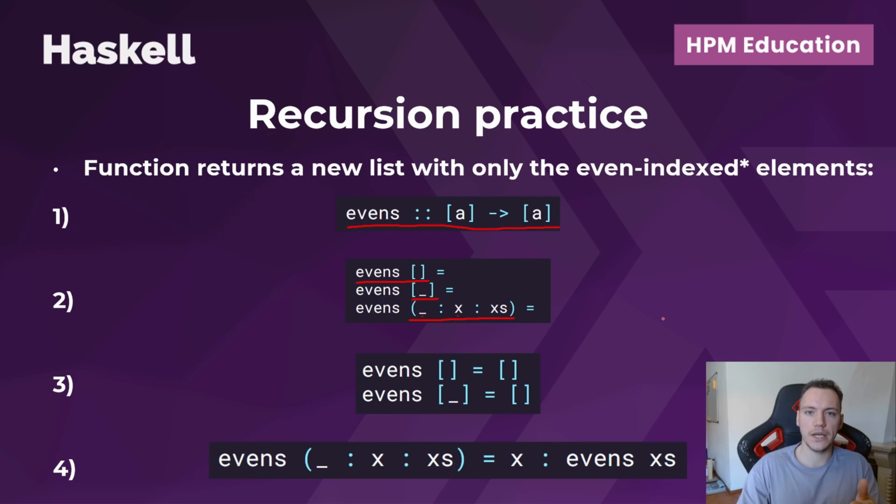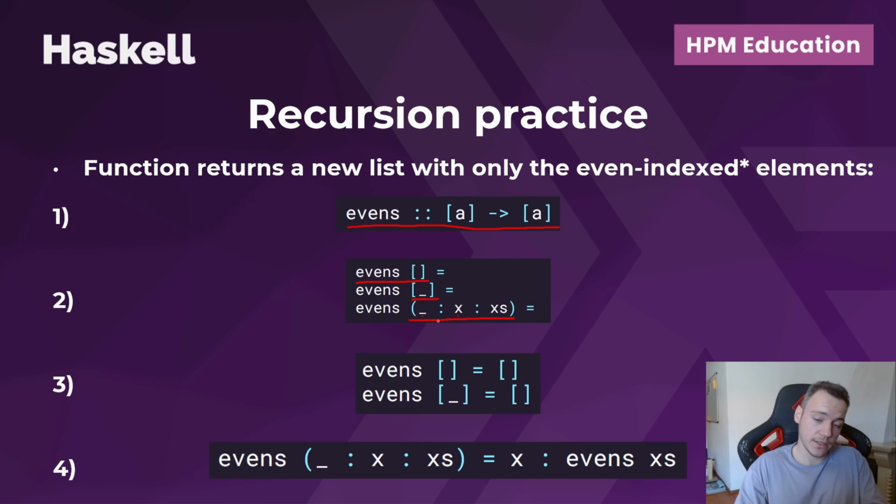Sometimes you might want to match from the back of the list. So maybe you want to get the last element, the second to last element, and so on. But you cannot do this with this sort of pattern. So using the cons constructor, we know that it appends elements to the front of the list, to the beginning of the list. So we can only use it for the beginning of the list.